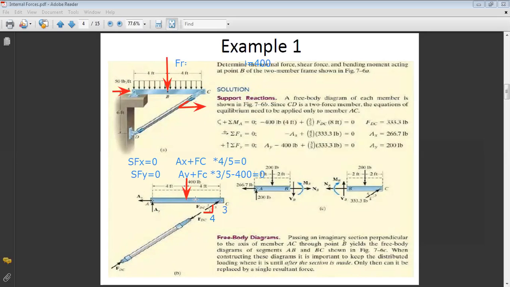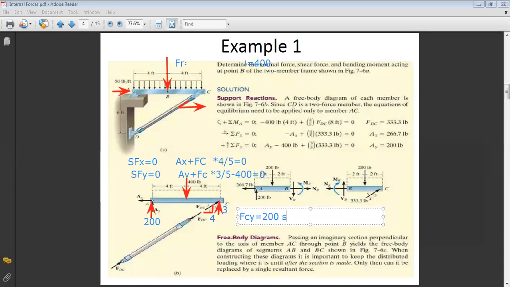So by symmetry you can directly say that AY is equal to FCY is equal to 400 over 2. In this way, you can directly say that AY will be 200 instead of doing the calculation, okay? And FCY is 200.